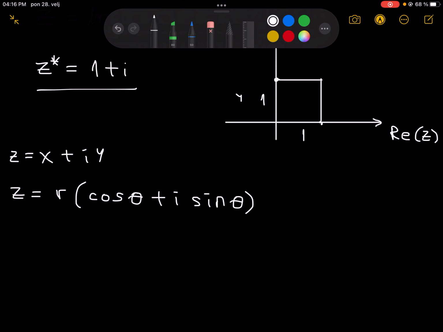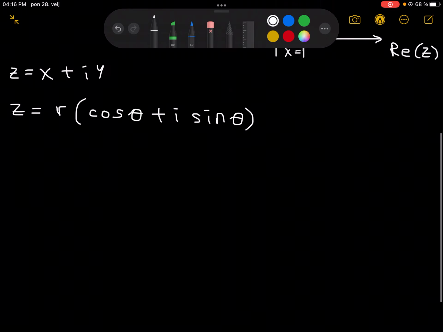So this here is y, this here is x. This distance right here is r, and this angle right here is theta.